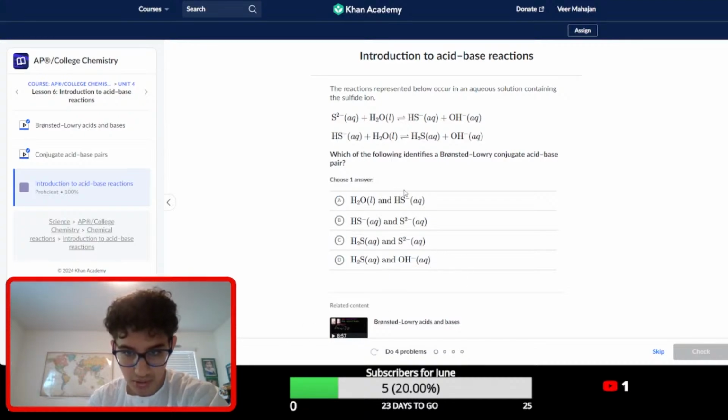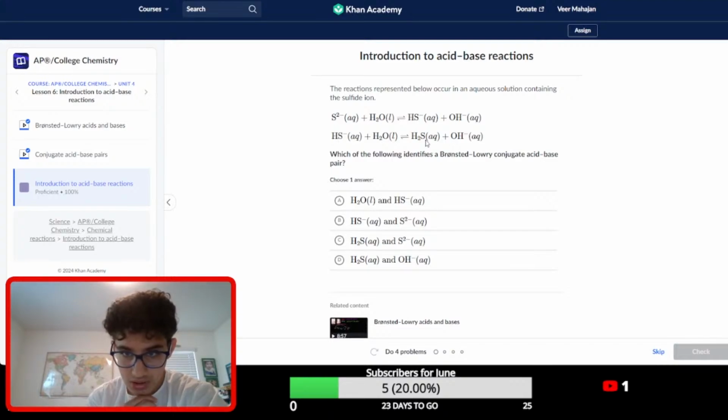So it should be, wait, let's do conjugate acid base pair, right? H2S and HS- seems to work. H2S and HS- works.